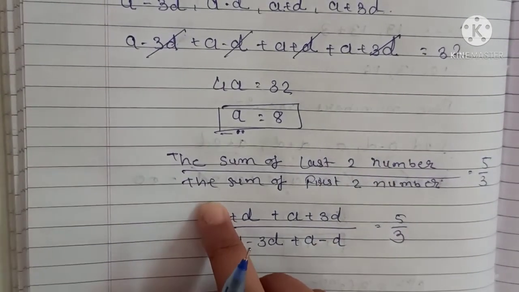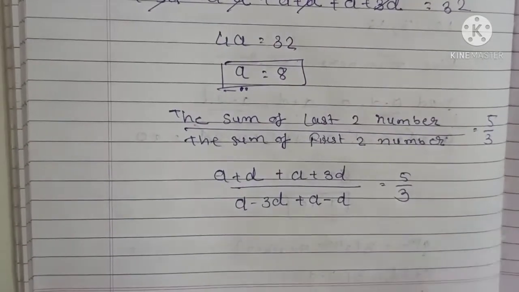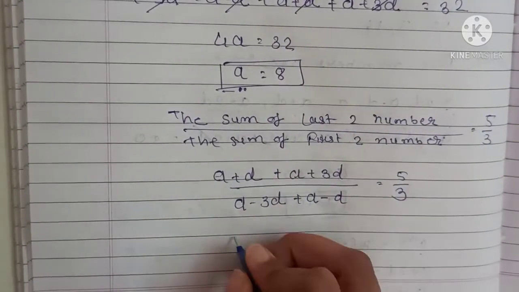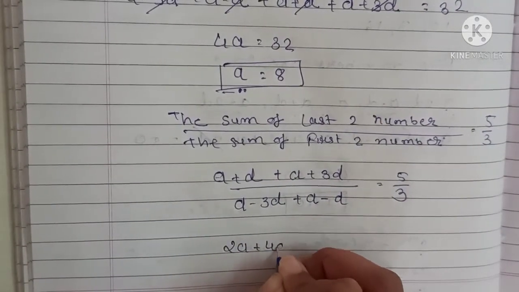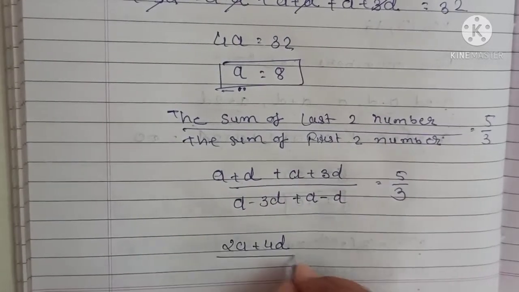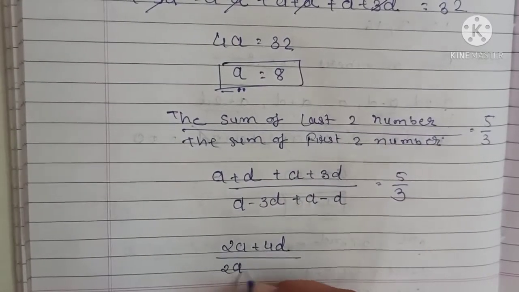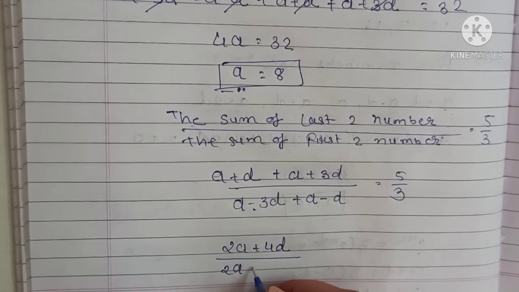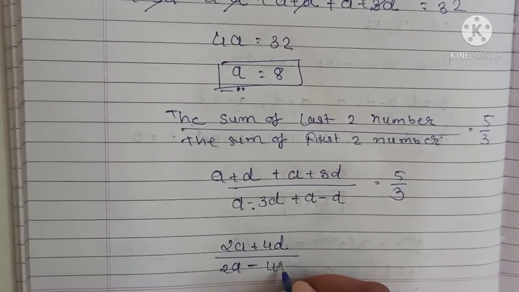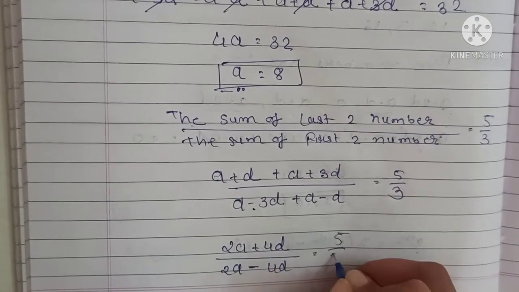So when we solve the numerator and denominator, we get A plus A, 2A plus 4D, 3 plus 1, 4D, upon 2A minus 4D, the sign will be minus, is equal to 5:3.